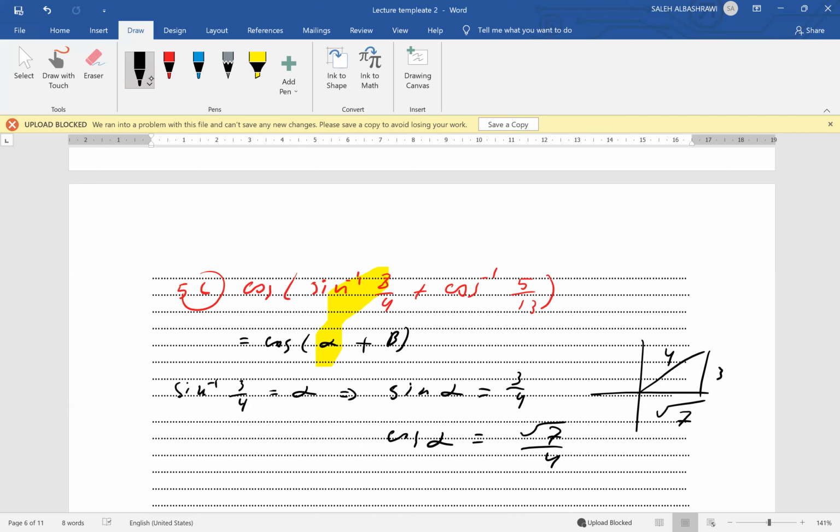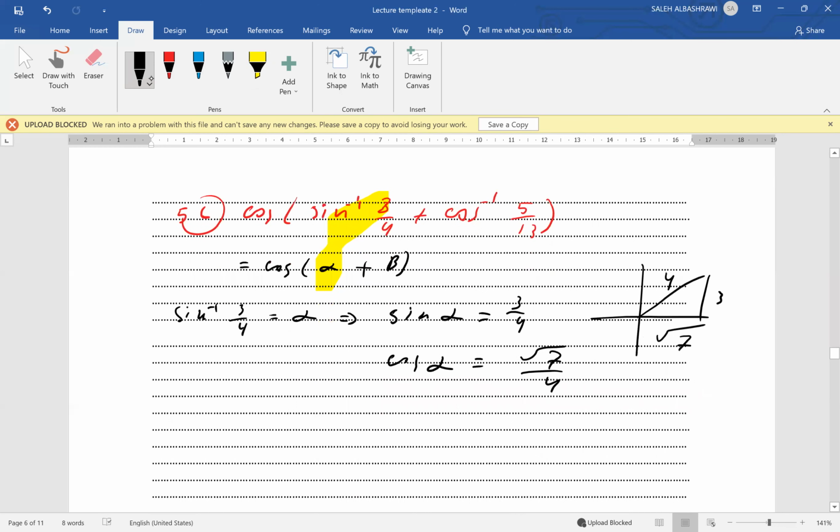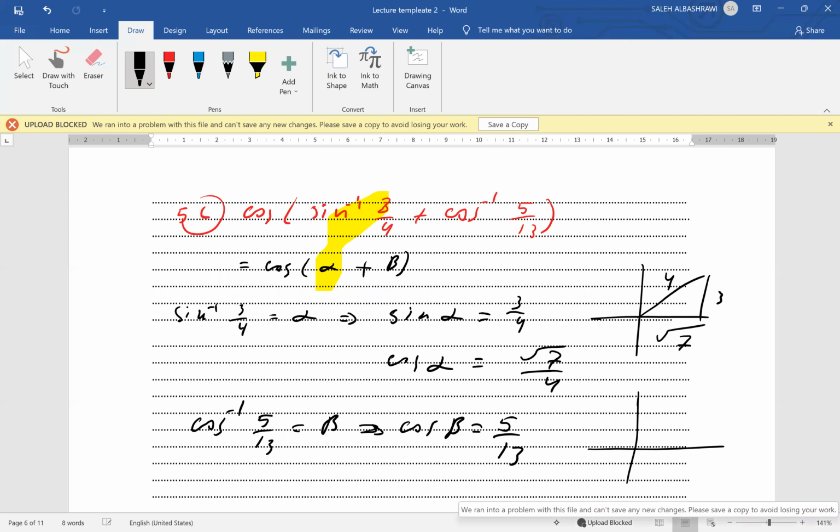And beta equal to cosine inverse 5 over 13. I will call it beta. This will give me cosine beta equal to 5 over 13. Again, this is also in the first quadrant because it is positive.